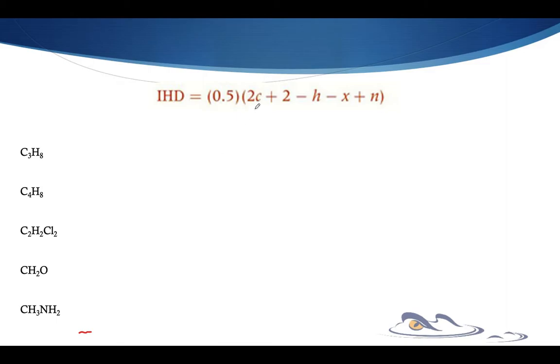And then the C here is representing the number of carbons, okay? The H here is representing the number of hydrogens. The X is representing the number of halogens. And then the N over here is representing the number of nitrogens.